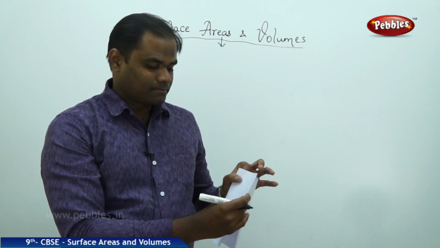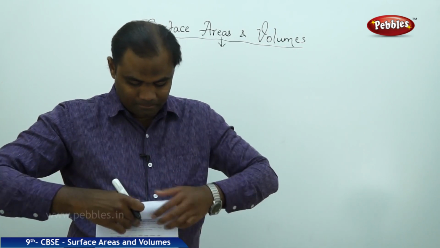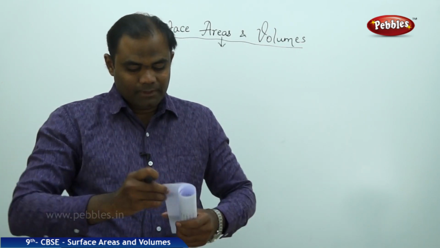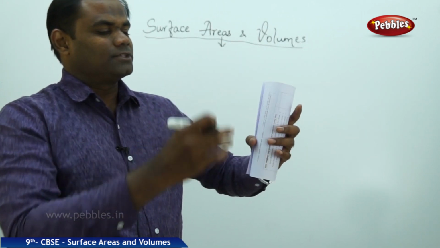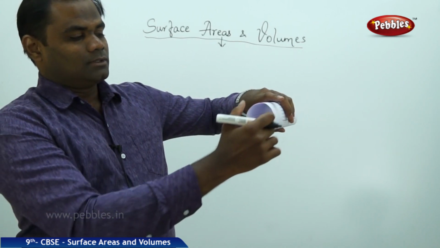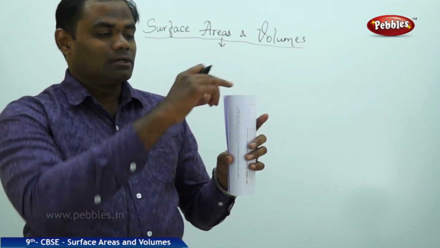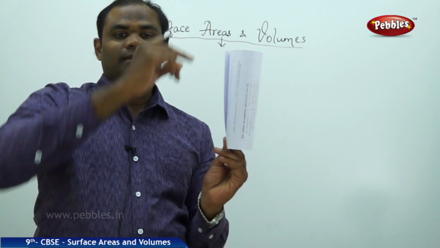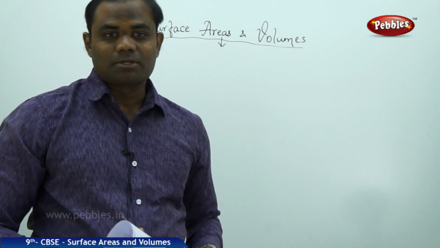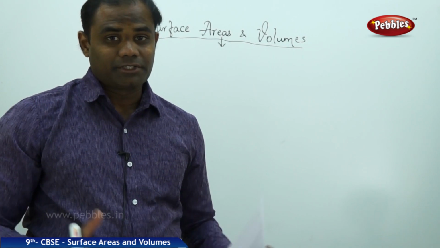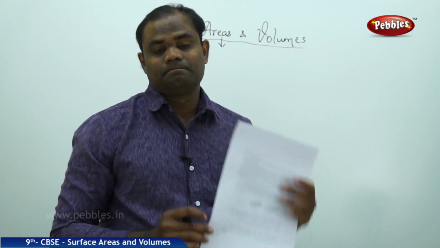If I just roll it out here, it forms a cylinder. We assume that this rolled paper forms a cylinder, open out here and down here. So this session is about understanding the construction of a cylinder from a rectangular sheet of paper.